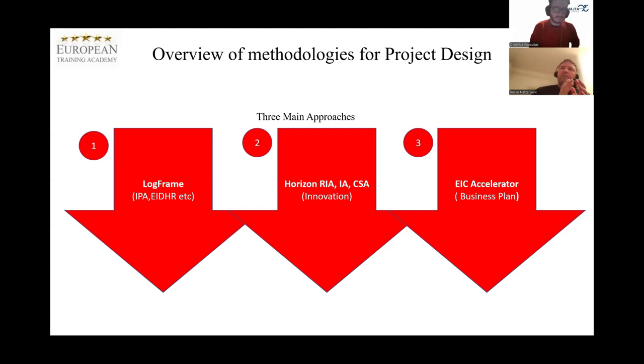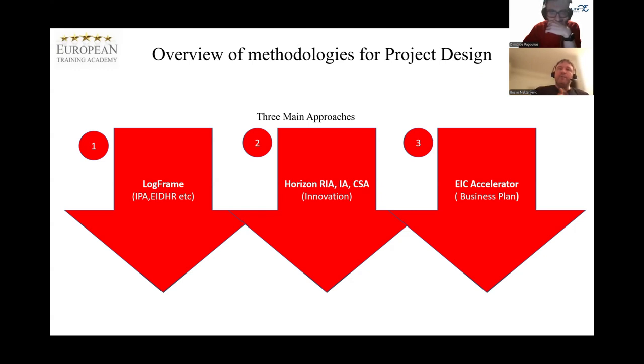So the first approach to project design is called log frame or intervention logic. In the slang that we use, it's either log frame or intervention logic, and in essence, how you approach project design following the instructions for this one is you start by doing analysis of stakeholders.